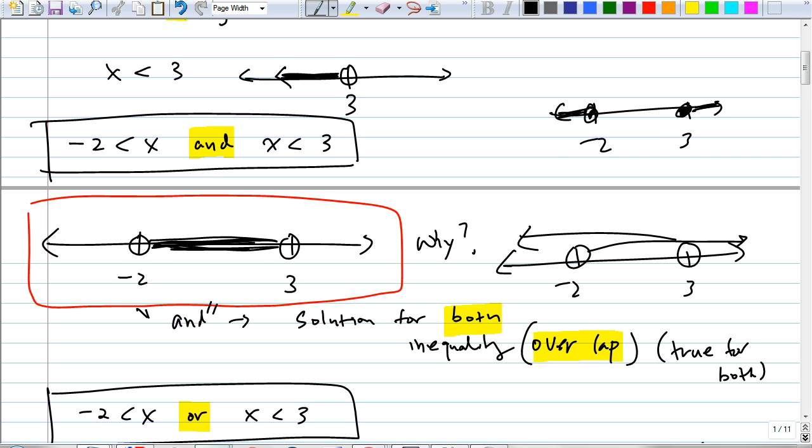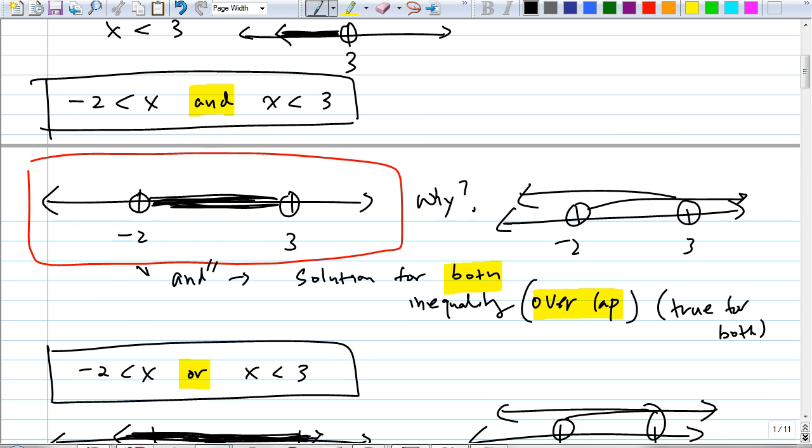No, they want every number that is greater than -2, all the solutions, plus all the numbers that are less than 3. Meaning we want to include both of them. What would this look like, Brandon? The whole graph is black. Yeah, the whole graph is black, which means what? What does that mean when the whole graph is black?